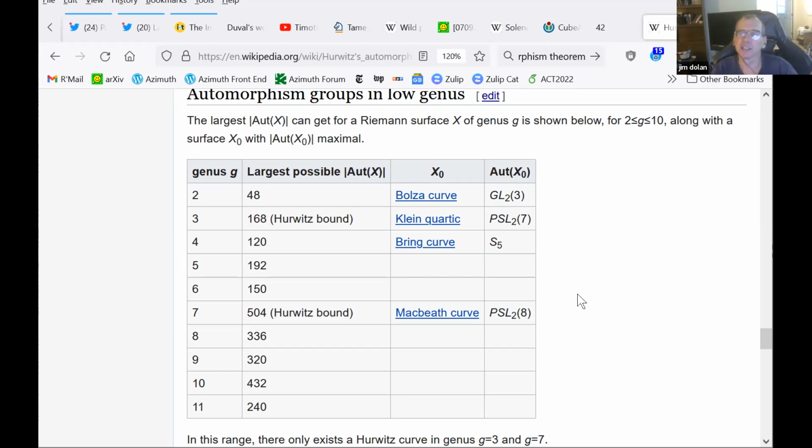But go ahead. Yeah, so these Young symmetrizers are minimal idempotents in the group algebra of the symmetric group. And so they're irreducible, their splittings are irreducible.